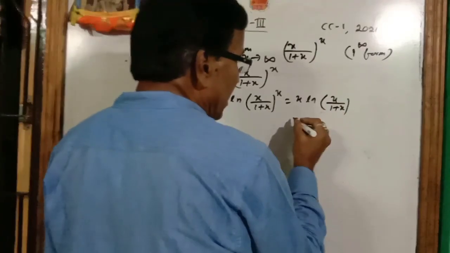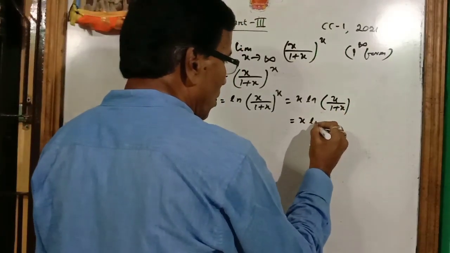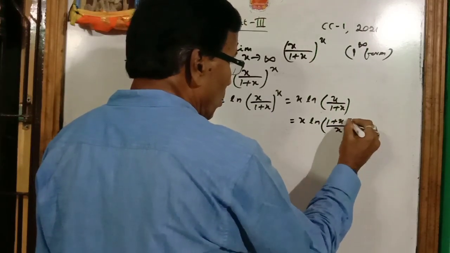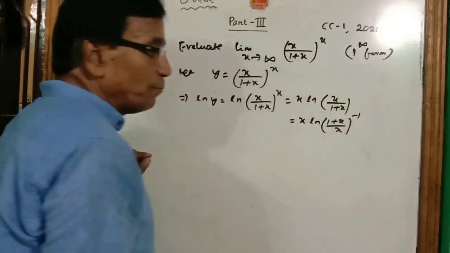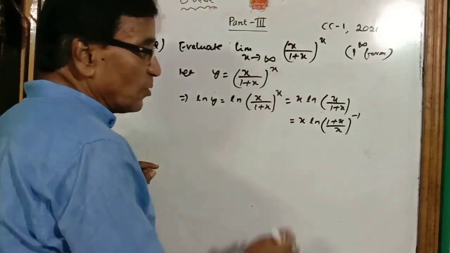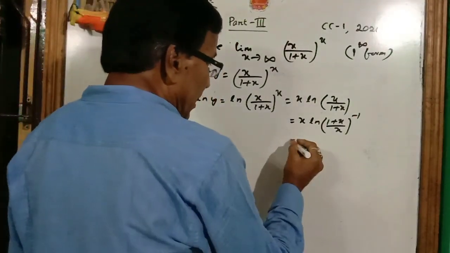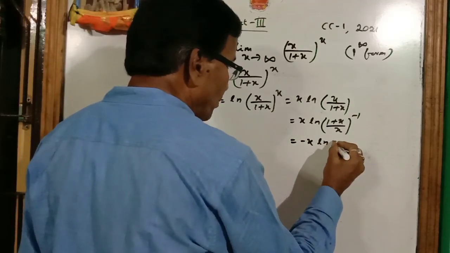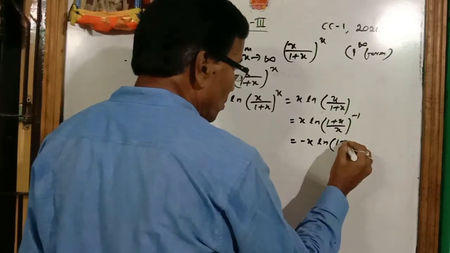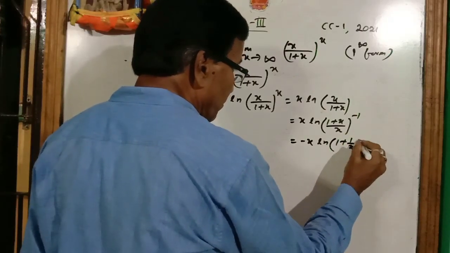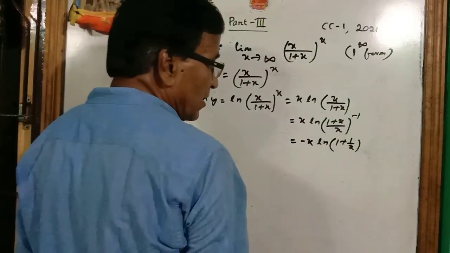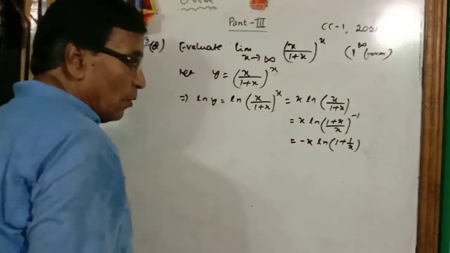This can be written as x into log of ((1 plus x) by x) whole to the power minus 1. So that is equal to minus x log of (1 plus 1 by x). So this is the value of log y.